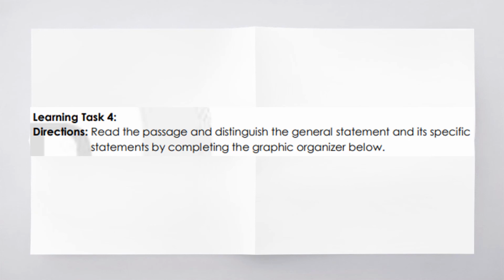Learning task number 4. Read the passage and distinguish the general statement and its specific statements by completing the graphic organizer below. Learning task number 5. Read the paragraph and distinguish the general and specific statements by completing the outline below.